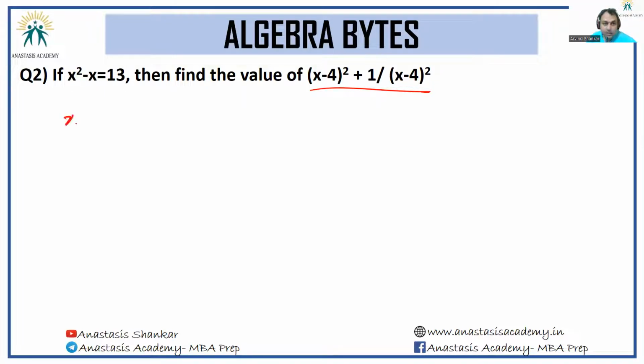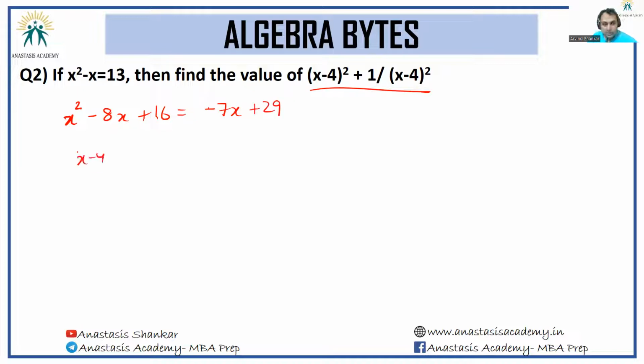So I'll break this down as x square minus 8x plus 16 is equal to, basically I've introduced terms on the left hand side to make it x minus 4 whole square. And on the right hand side to compensate for it, I will get minus 7x plus 29.